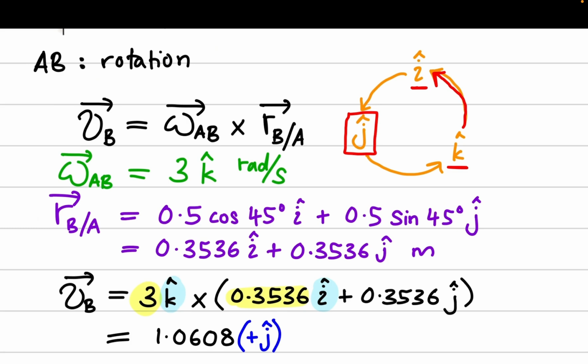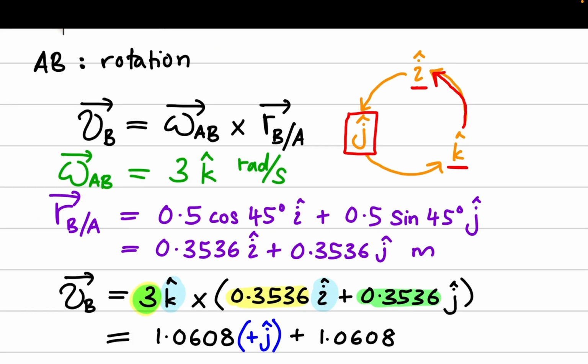The second part will be now 3 multiplied with another 0.3536. That will give you the same value. So this will be again plus 1.0608.